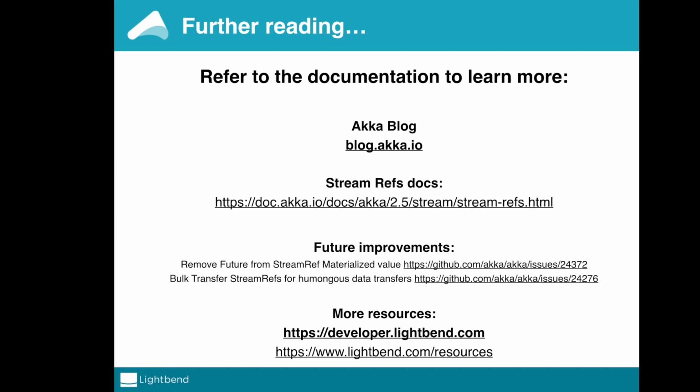Another thing, this API may change slightly, so we have currently marked it as may change. The only reason is that we want to get rid of the Future in the materialized value, making it even easier to use. So if you're curious about it, check our blog and check the reference documentation, all linked here.